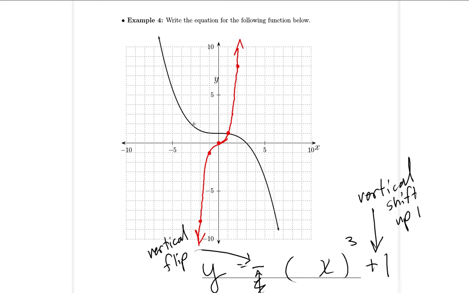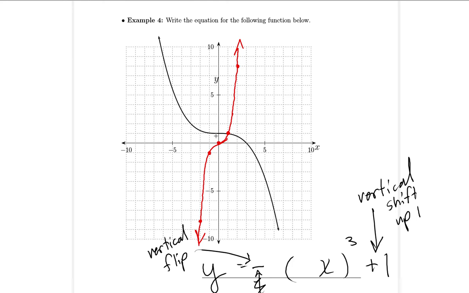So what that indicates to me is that I have a horizontal stretch by a factor of 3. Because instead of going up 1 over 1, like the normal graph, I'm going up 1 over 3. So I'm going horizontally more than I would have been.